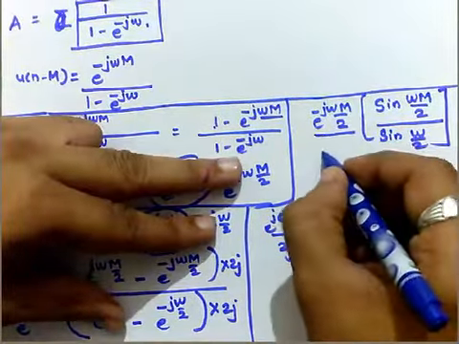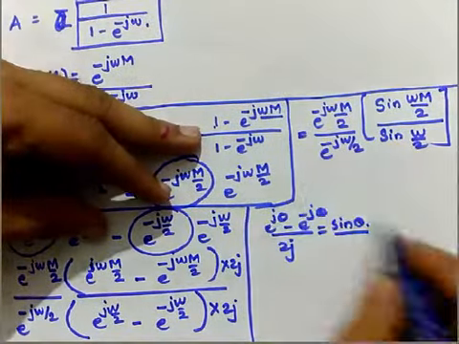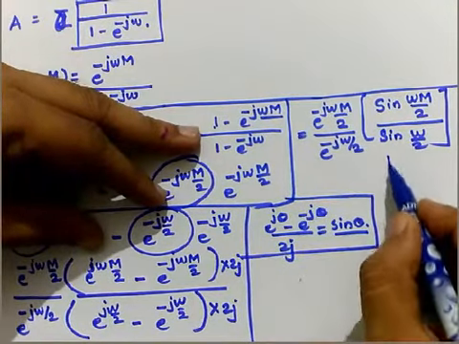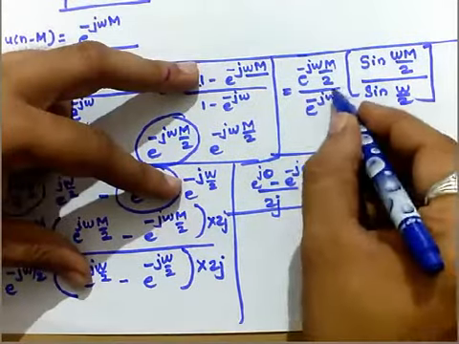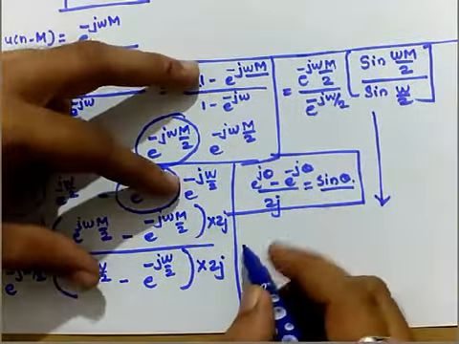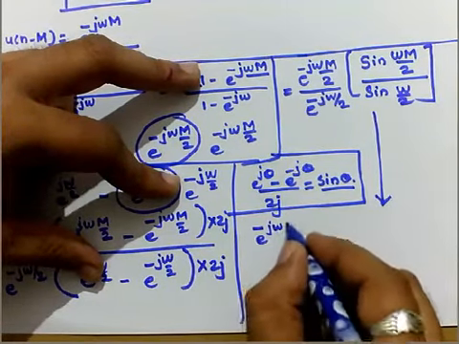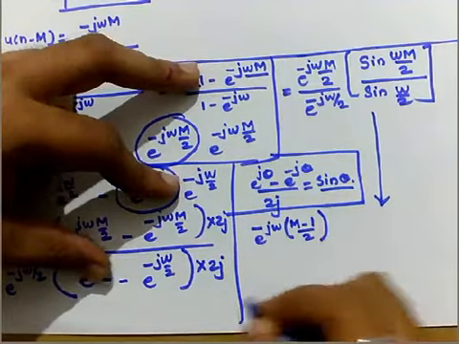Similarly let's adjust it, e raised to minus j omega by 2. Now by writing it in a more simplified manner, this equation can be written by taking this term to the upward side. So it will become e raised to minus j omega times (m minus 1) by 2.